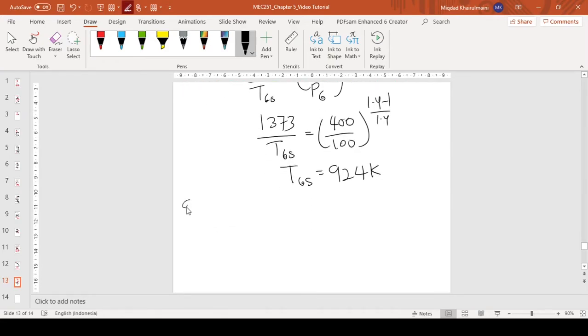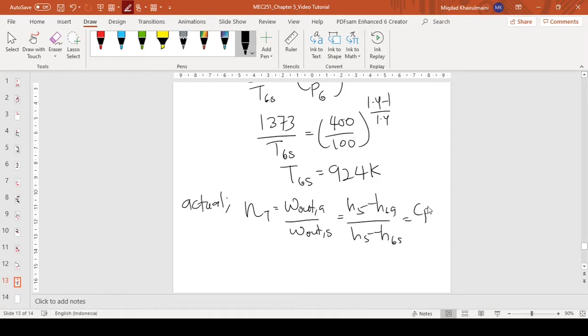This is the ideal temperature at state 6, but since there is an isentropic efficiency, we have to solve for the actual condition, same as state 4. The isentropic efficiency for the turbine is the actual work output divided by the ideal work output: H5 minus H6A over H5 minus H6S, so Cp times (T5 minus T6A) over Cp times (T5 minus T6S).